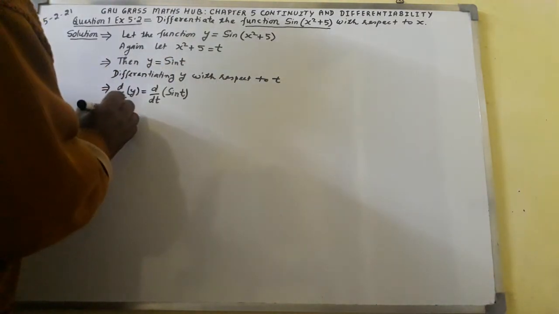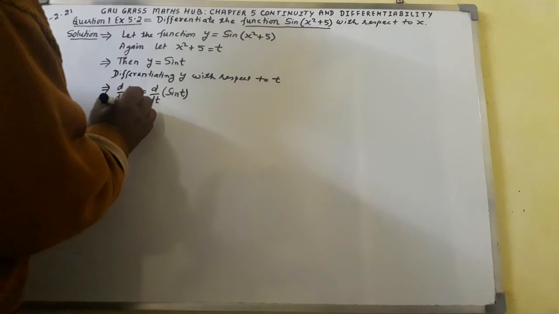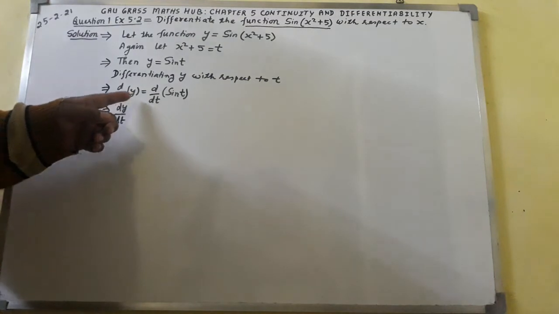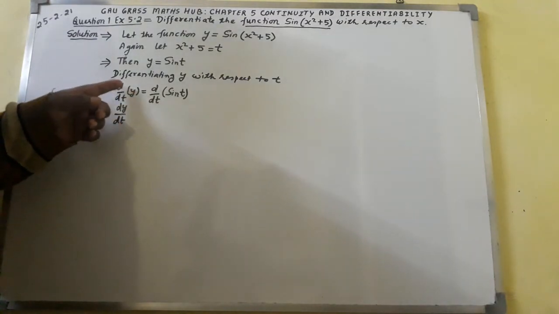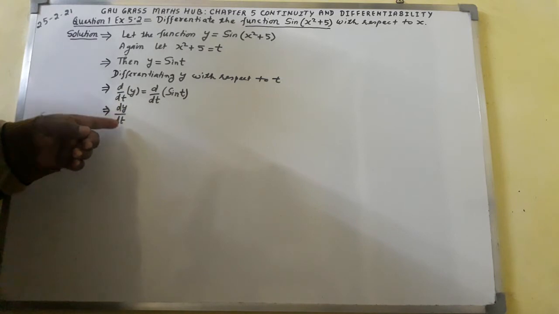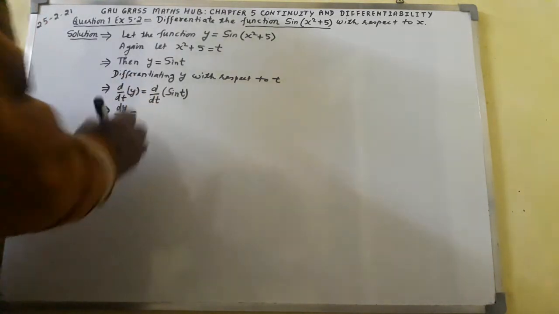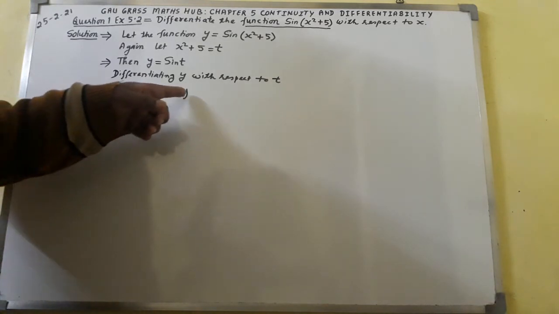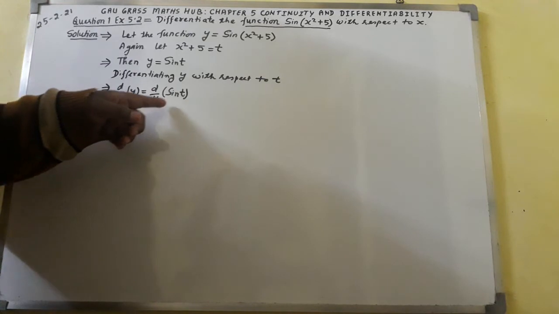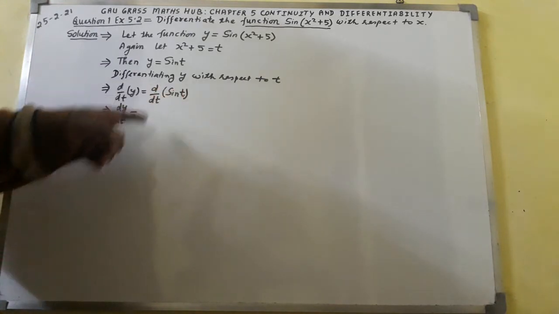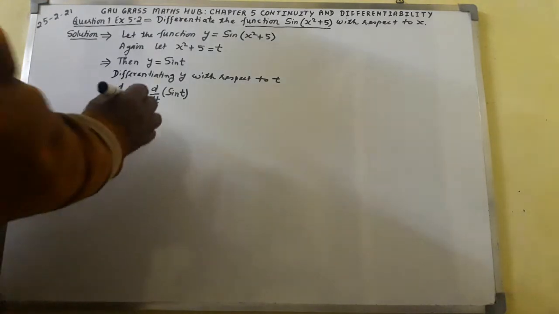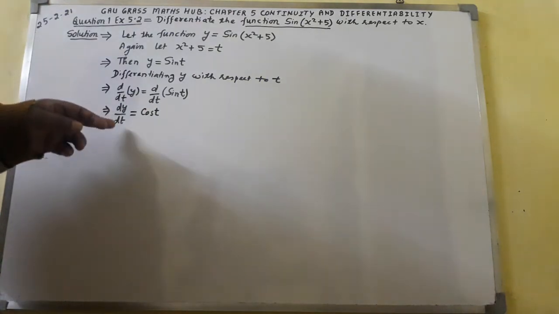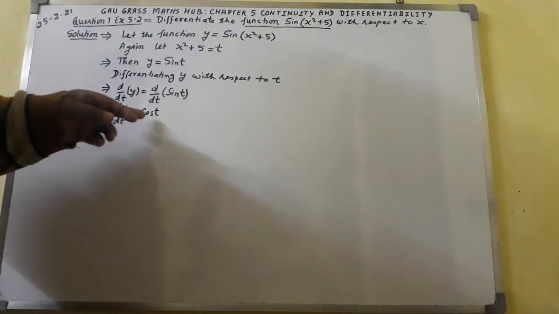This y will be conjugated to d here, so it will become dy over dt. And here you can see d over dt of sin t; at both places t is there. Then d over dt of sin t comes out to cos t. So dy over dt equal to cos t you have got.